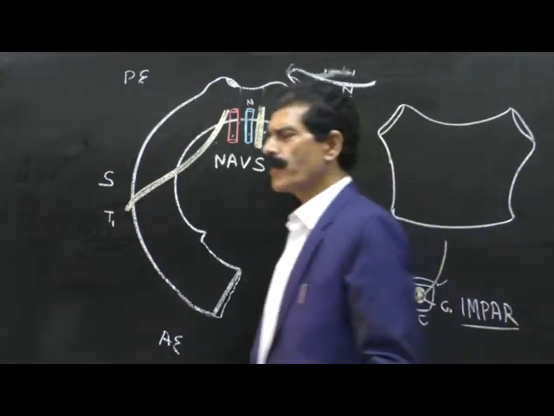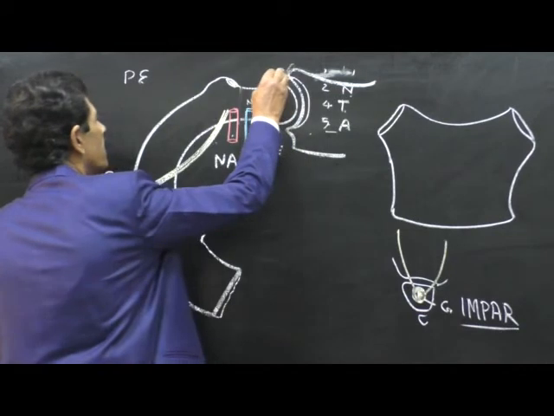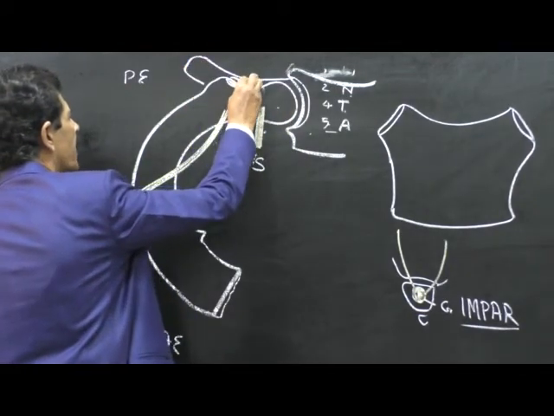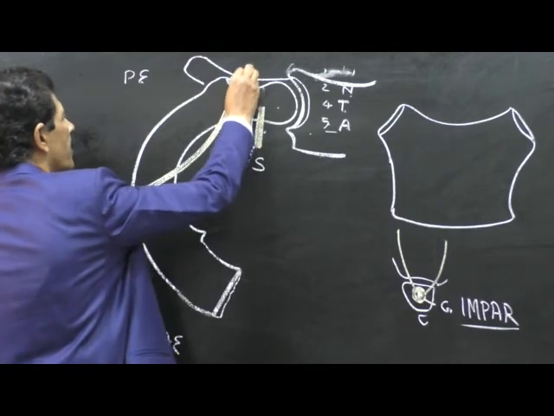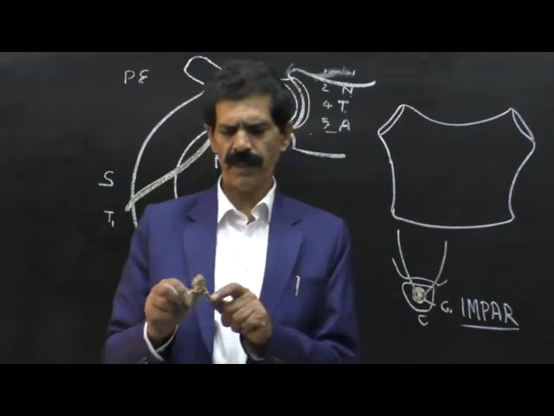Why is it articular? Because it articulates with the same smooth part over the anterior surface of the transverse process of the thoracic vertebra.